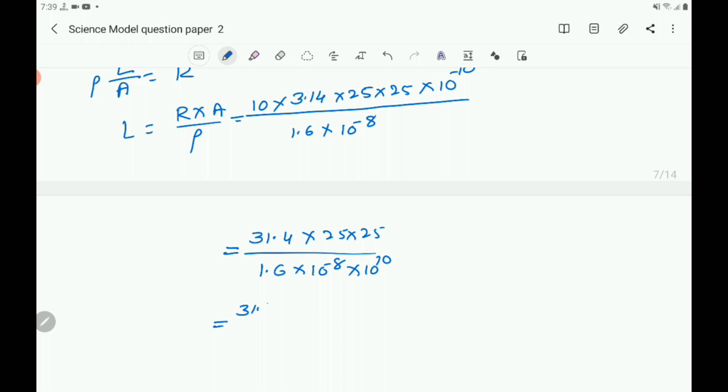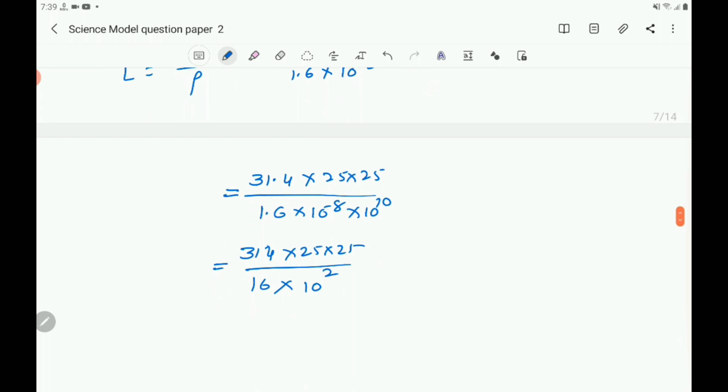You can remove the decimal point, writing 3.14 into 25 into 25 by 16 into 10 power 2.